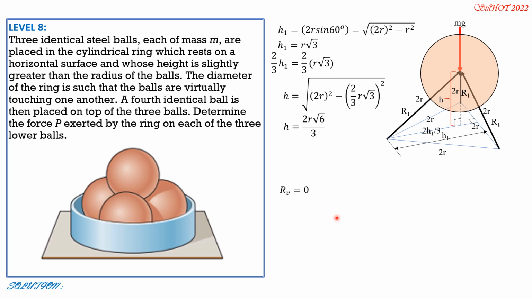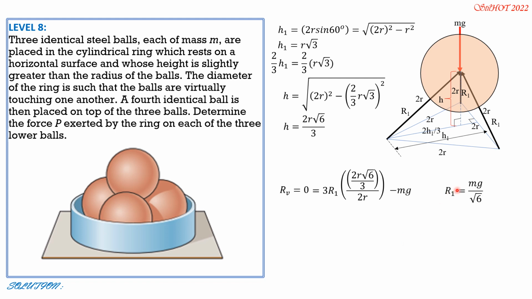So 3R1, vertical component of distance 2R square root of 6 over 3 divided by distance 2R, then minus mg equals 0. So cancel 2R, cancel 3. What remains here is R1 square root of 6. Therefore, R1 is mg over square root of 6.